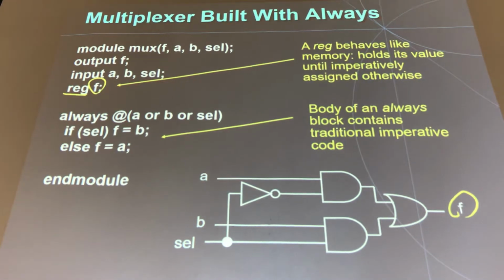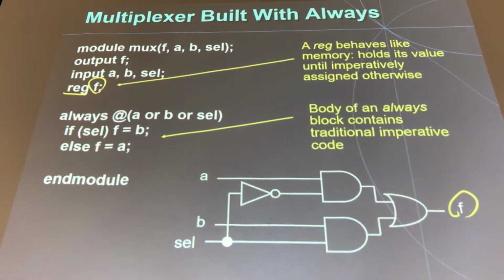For doing simulation, you do a simulation based on A, B, cell values, and you get the F value. But only when A or B or cell changes do you re-evaluate. Otherwise, F will keep the old value, the previous value.